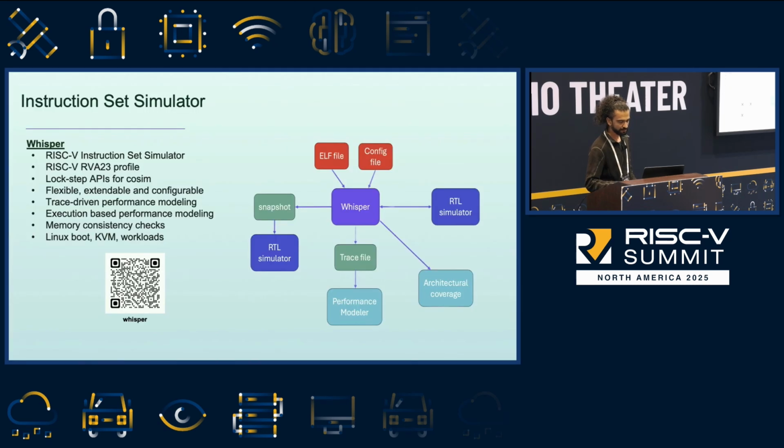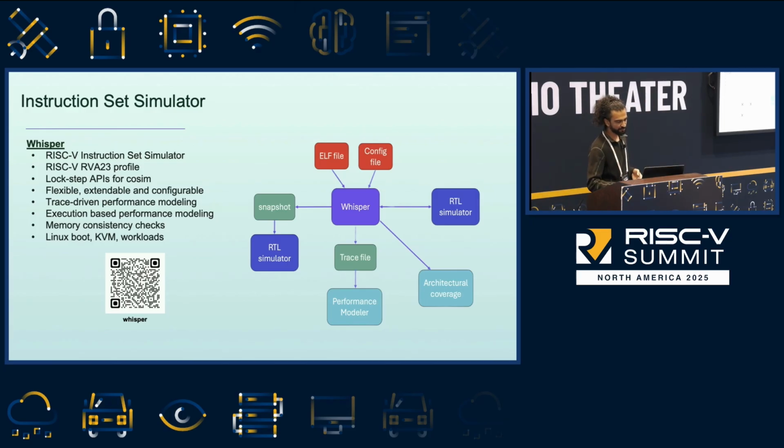Reference model: I don't think a lot of people know that we have a fork of Whisper that was originally started with Western Digital. Our fork supports all of the RVA23 profiles right now. It also supports APIs for lockstep checking, so you can run your DUT and, after every instruction retired, check the CPU state after that step.